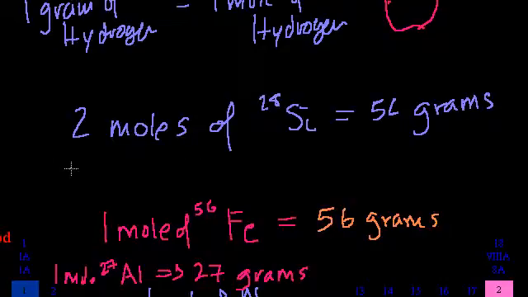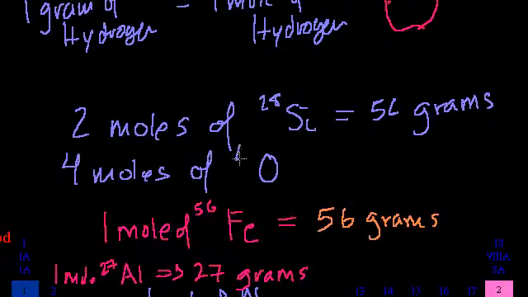If I were to say, let's say I had 4 moles of oxygen, which has a mass number of 16. What is the mass of that? This is a huge number of oxygen atoms. What would be the mass of that? Well, it would be 4 times, 1 mole of oxygen would have a mass of 16 grams. So 4 moles has 64 grams.